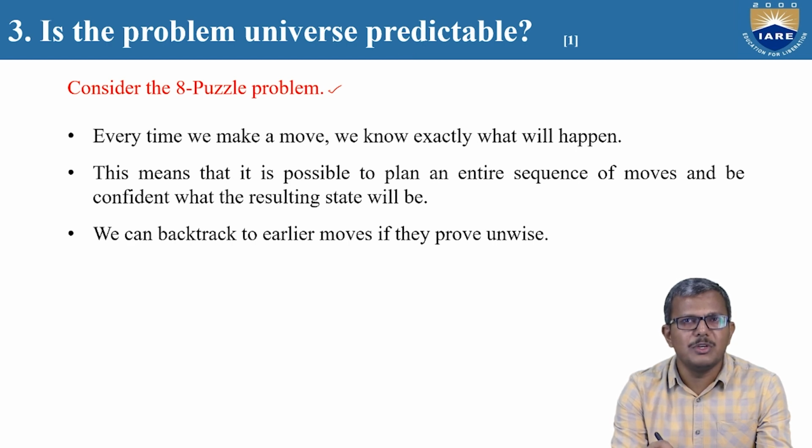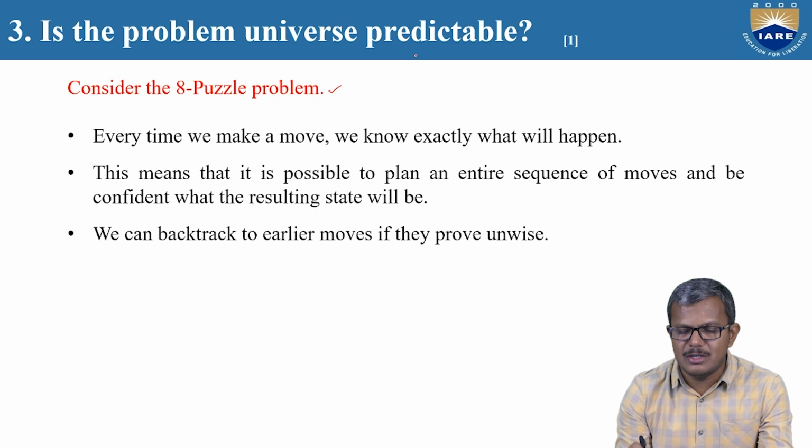If you are dealing with the 8 puzzle problem, then whatever new state is going to come, you can predict earlier. Why? Because there are only some possible moves. With only some possible moves, we can easily say that if you make the left move, you are going to get this state, and if you make the right move, you are going to get this state. Simply, you can predict it.